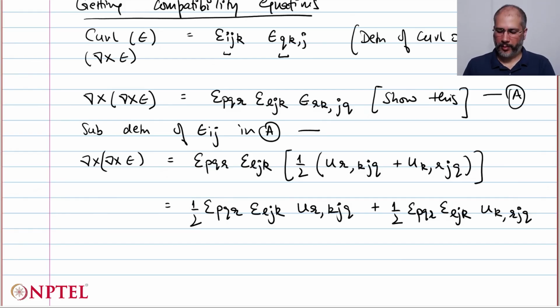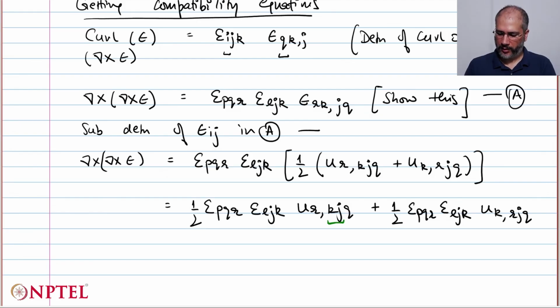So we get these two mathematical terms. Now let's look at the first term. So what we see from here is that k and j are after the comma. That is, we are differentiating ur with respect to del xk, del xj and del xq 3 times. We agree on the fact that since the derivatives of u are continuous, the order kj in the derivatives does not matter. It's a mixed derivative, the ordering can change.